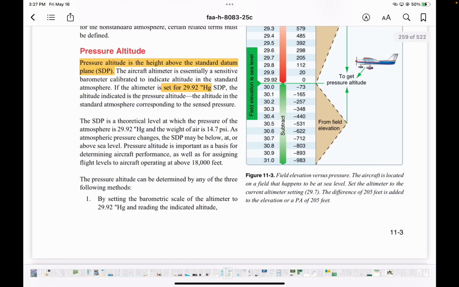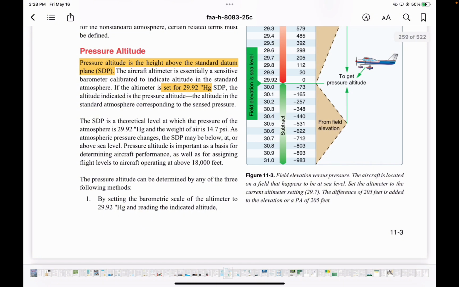It's basically just a reference line. They needed a reference line. And the pressure altitude is how I would describe it: if the pressure is 29.92 inches of mercury, that's what the altitude would be. That's basically what it is.